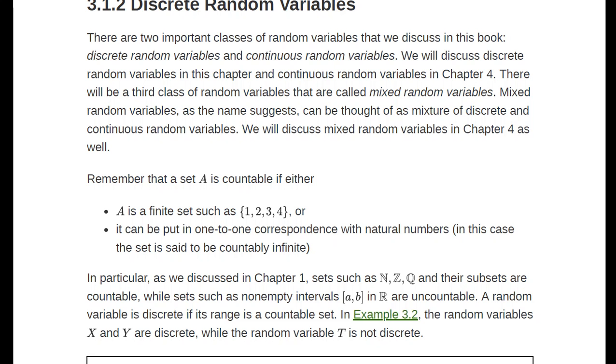Remember that a set A is countable if either A is a finite set such as 1, 2, 3, 4, or it can be put in one-to-one correspondence with natural numbers. In this case, the set is said to be countably infinite.